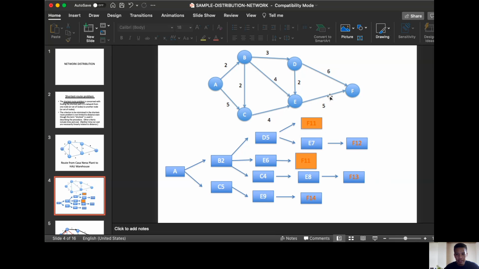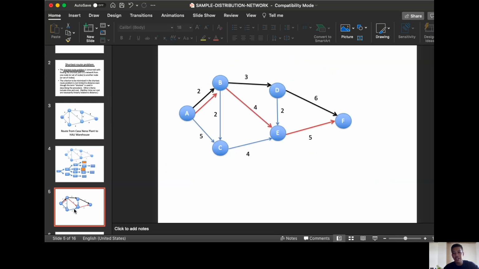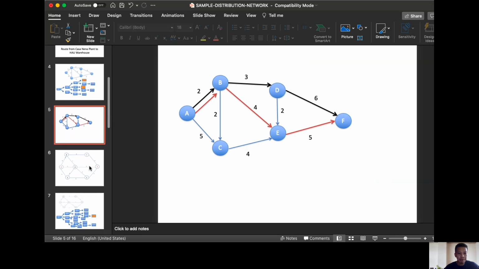From F, from E, then to B, and then to A. So technically, we have two possible routes because they have the same values. Two ideal routes, I mean. That's A, B, D, and F. The other one, A, B, E, F. So that's it.